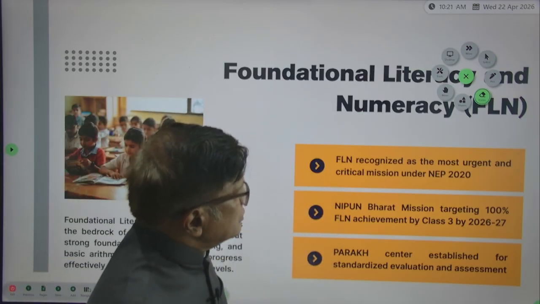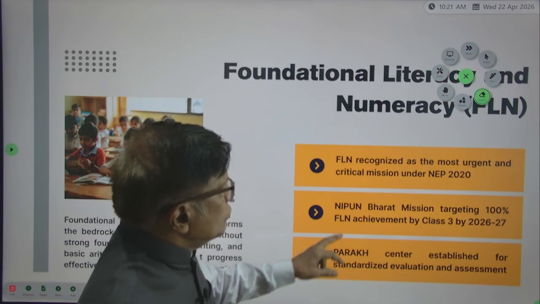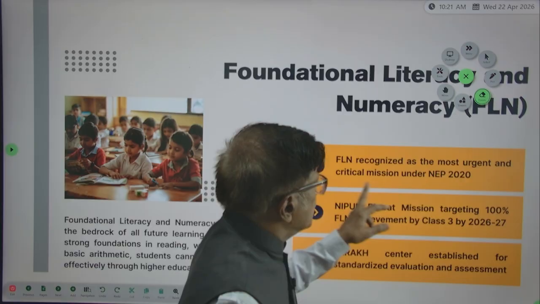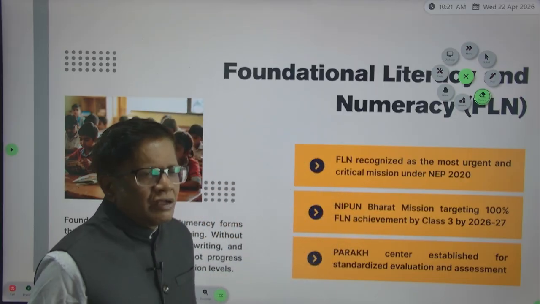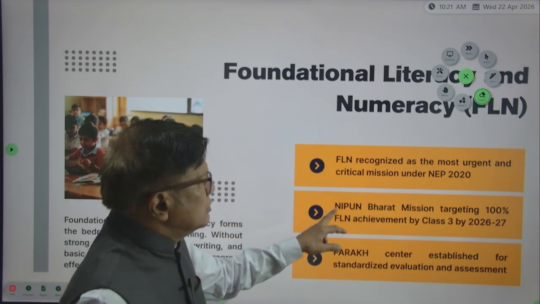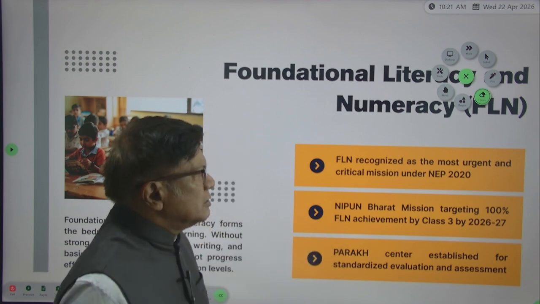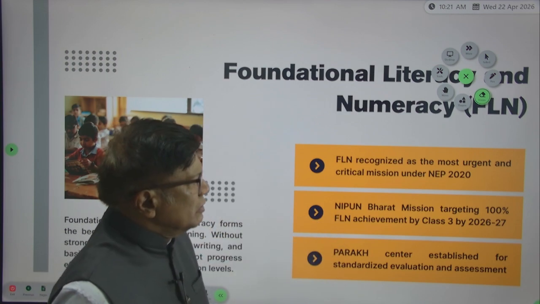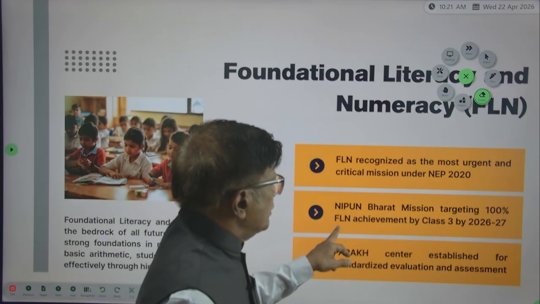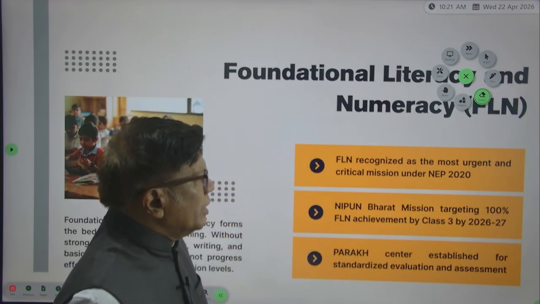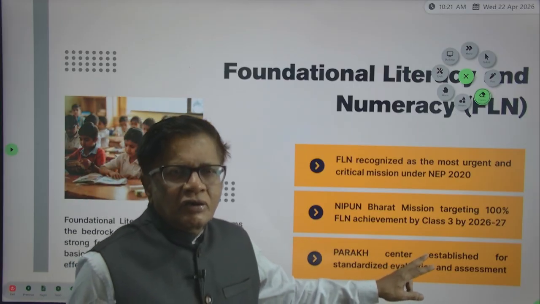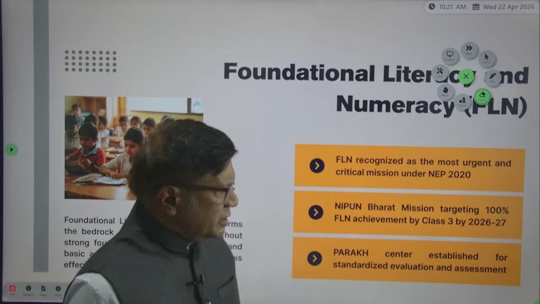Now, these learning schemes are also recognized as the most urgent and critical mission under NEP 2020. Then there is the Nipun Bharat mission, which targets 100% achievement by class 3 by 2026 to 27.